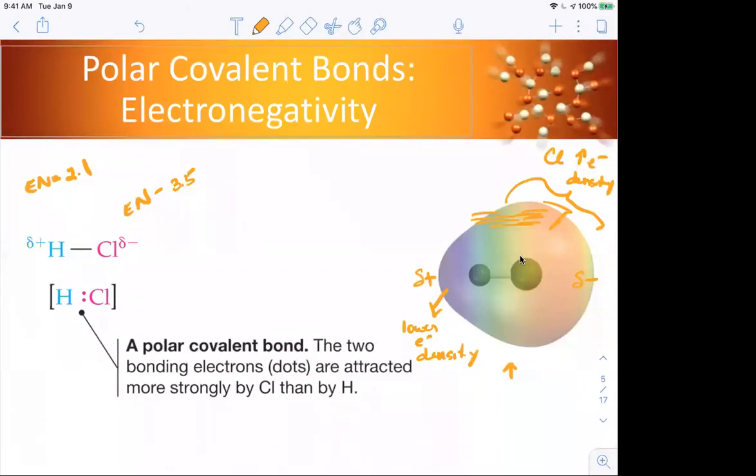And the part of the molecule that has the chlorine becomes partially negative because it's gaining electron density. That happens because the electronegativity of chlorine is much higher than the electronegativity of hydrogen. So this is going to be considered a polar covalent bond.